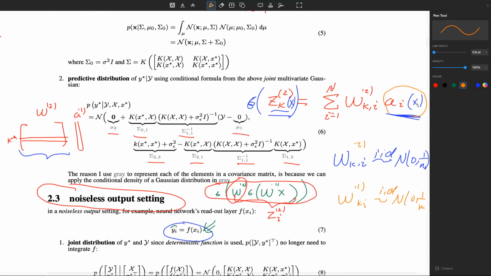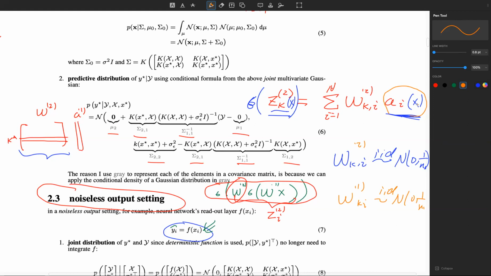It cannot be Gaussian distributed because I'm going through a nonlinear function. When you're doing a nonlinear projection, your Gaussian distributed random variable is no longer Gaussian, yeah? Only when it undergoes a linear transformation is a Gaussian distributed random variable still Gaussian, with a different, obviously, mean and covariance matrix.